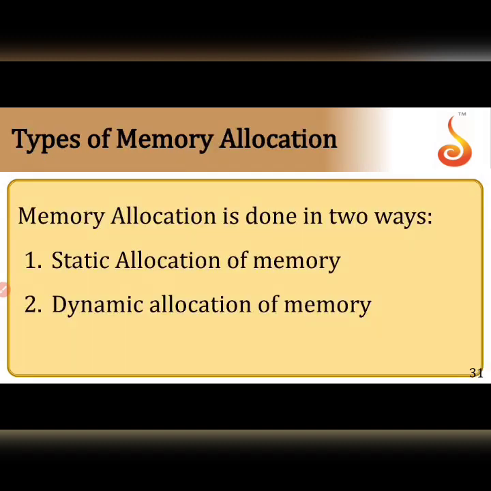So after this pointer, we'll move on to the last topic of the pointers chapter, that is memory allocation. What do you mean by memory allocation? Depending on the data type of the programming element, that many bytes of memory would be allocated to store data.